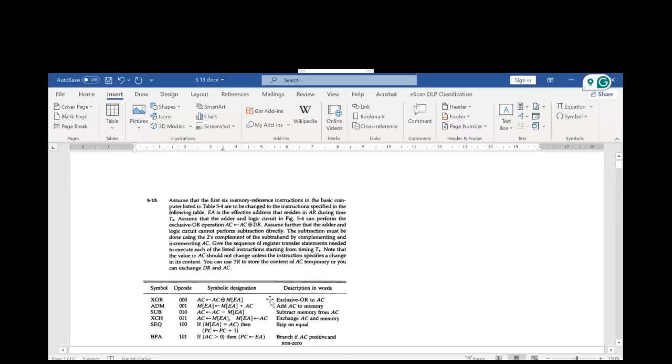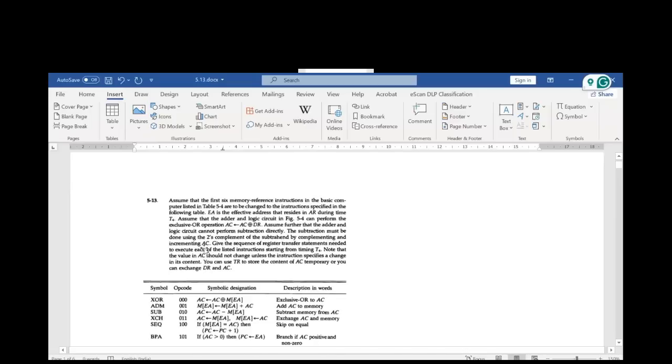So if you are asked to perform subtraction, it cannot be performed directly. You do not have a subtractor where you simply provide two operands and it will calculate the difference. So here, how would the subtraction be carried out? Subtraction must be done using 2's complement of the subtrahend by complementing and incrementing AC.